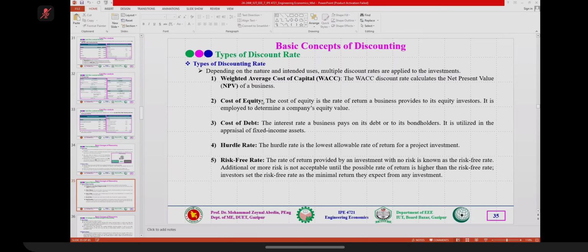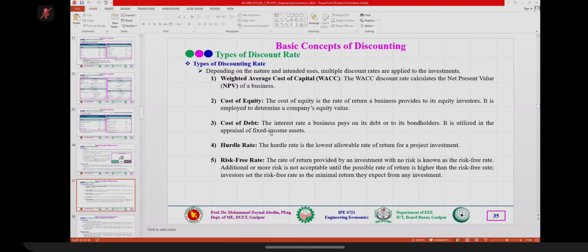So one is the cost of equity, and that is the rate of return a business provides to its equity investors. Say, for example, you are the investor. You invest some money, and the rate of return coming from the business is sometimes known as the cost of equity.